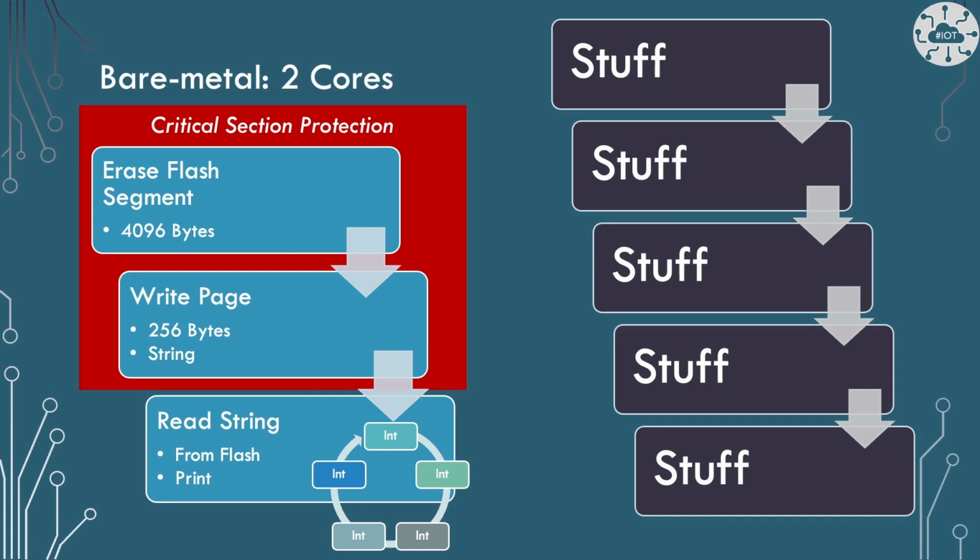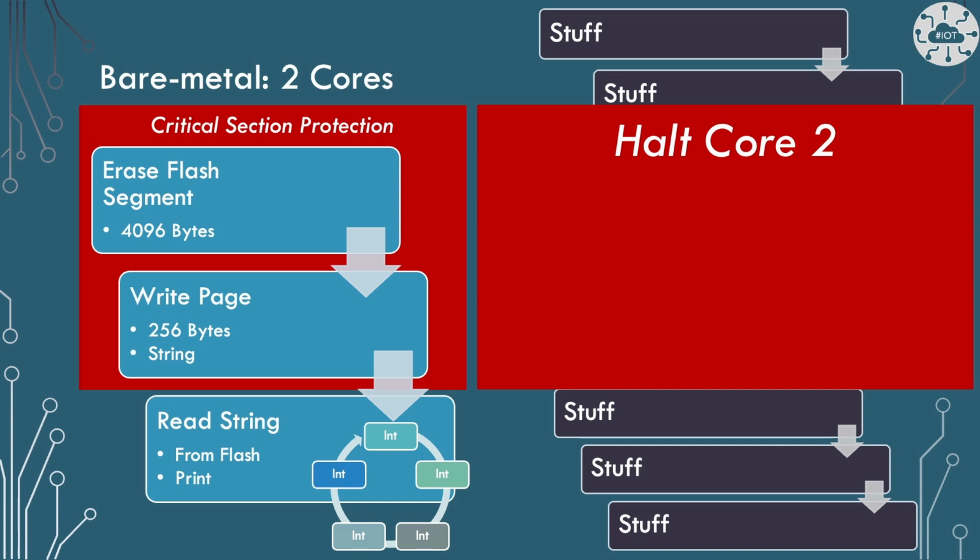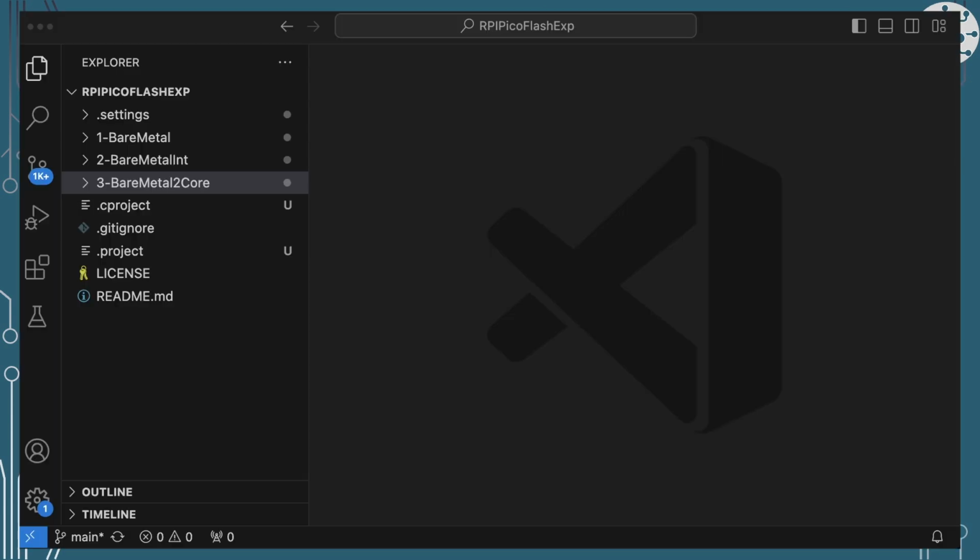So we can't actually flash or write anything to flash while the second core is running. We've got to suspend it. So we need to actually add into our code the ability to halt the second core temporarily while this flash stuff is running in this critical section, and then re-enable it. Let's have a look at an example that will do that.